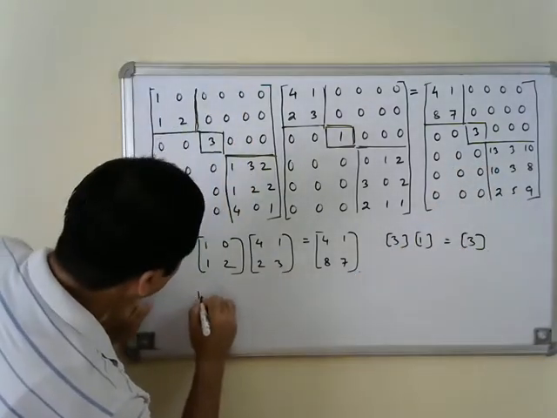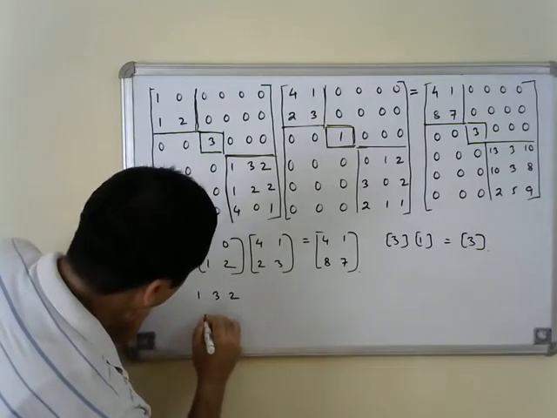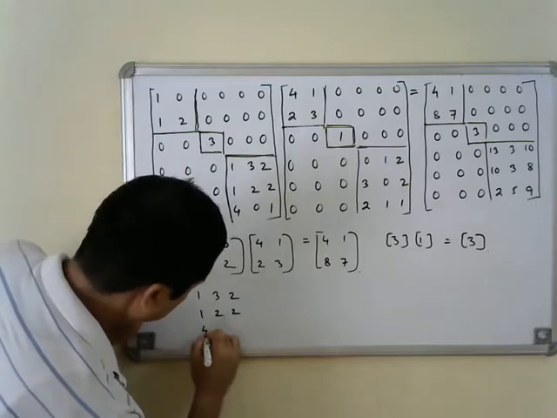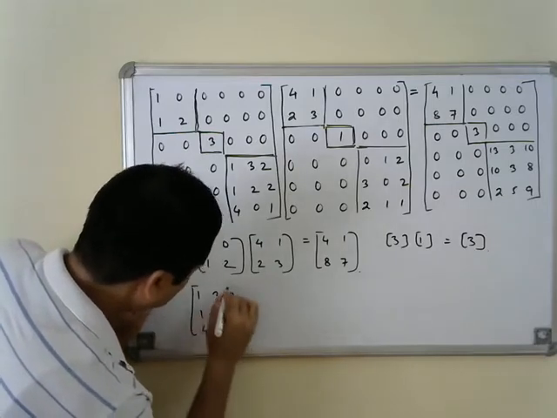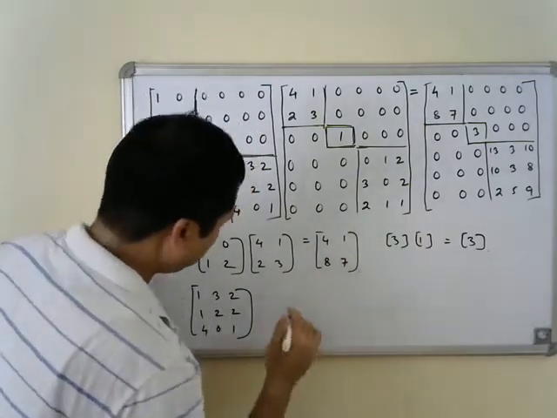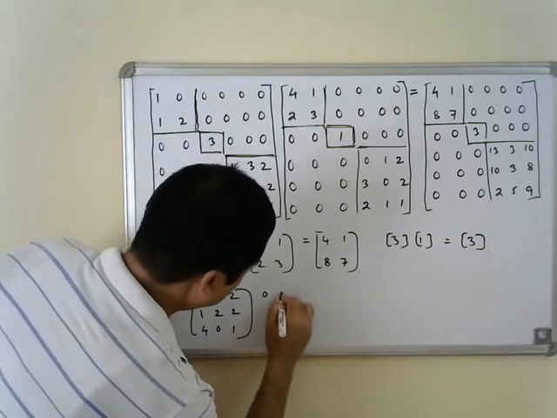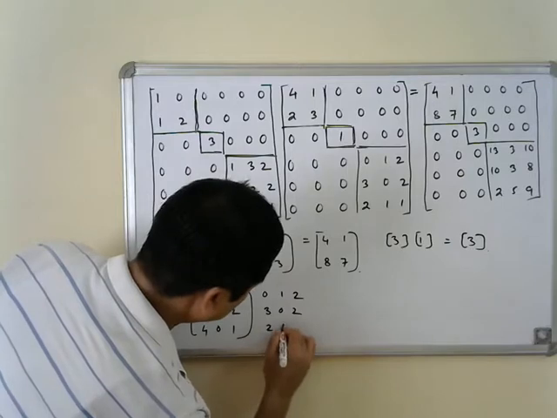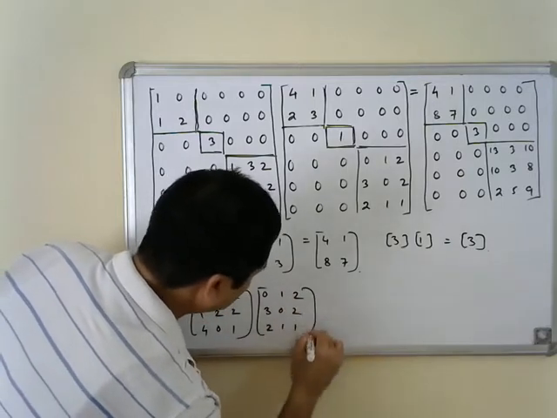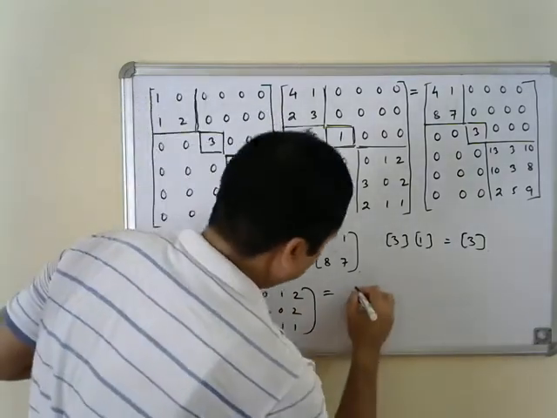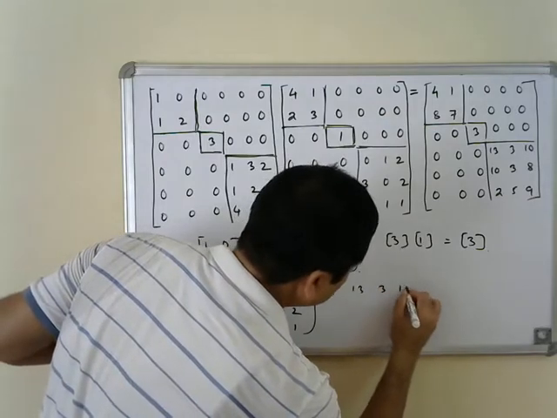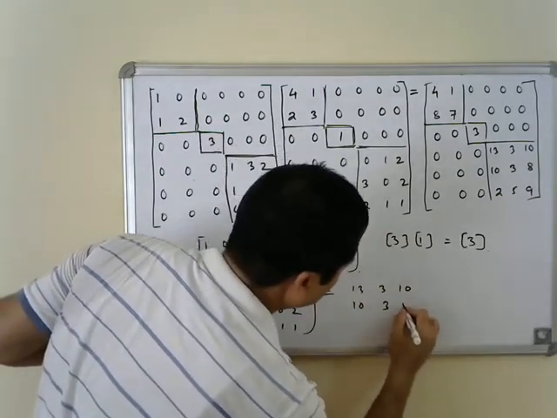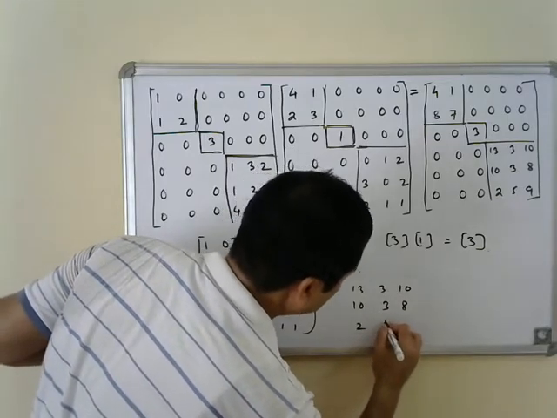And if you do matrix multiplication for the 3 by 3 block here with the corresponding 3 by 3 block in the second matrix, the result will be equal to the 3 by 3 block that is present in the resulting matrix.